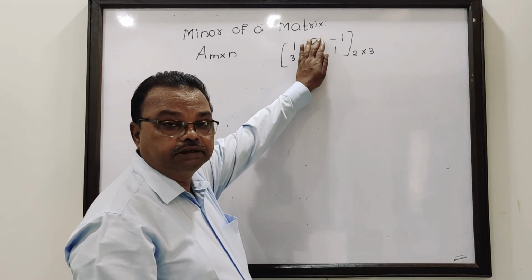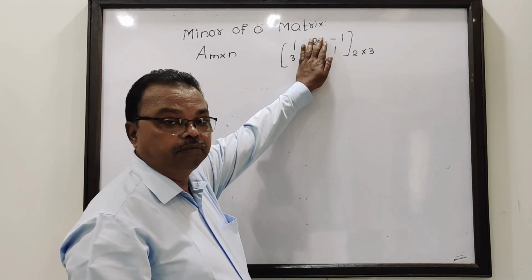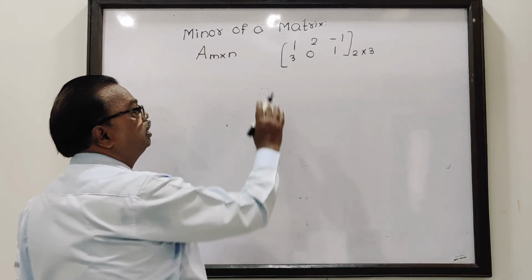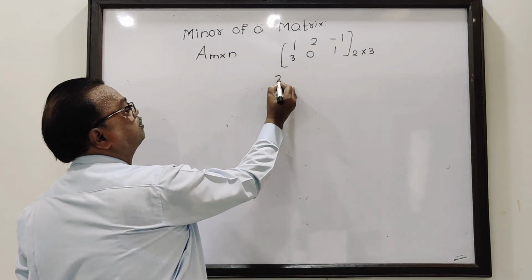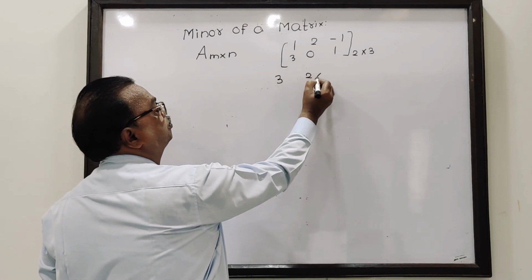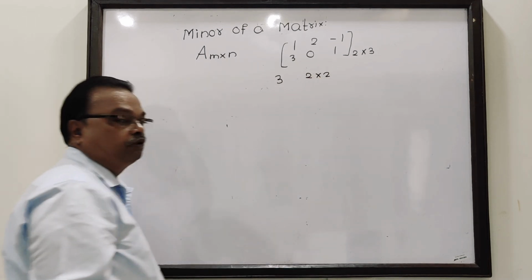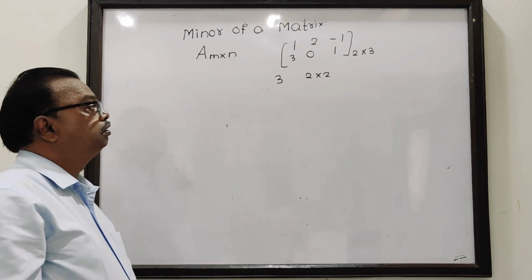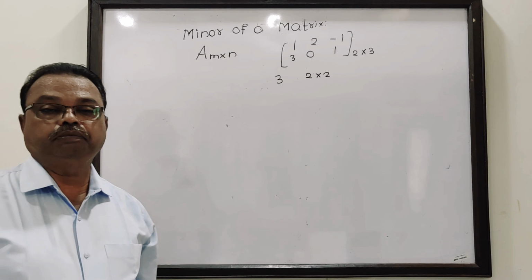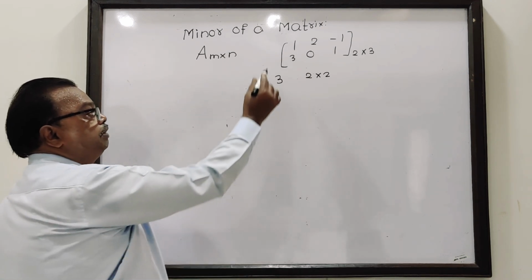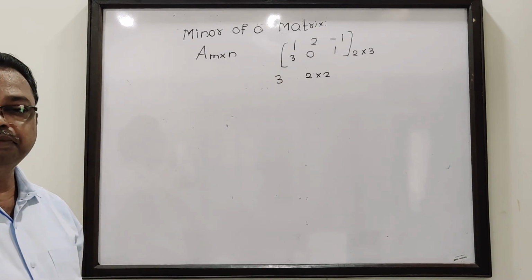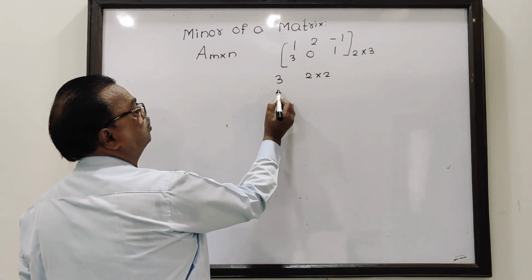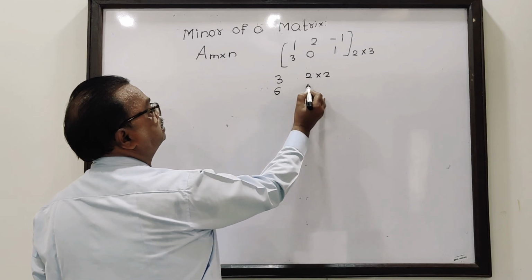Leaving out the second column, you get another matrix, and leaving out the third column, a third matrix. That means it has 3 subsquare matrices of order 2 by 2. The word subsquare matrices is quite clear. Then, how many subsquare matrices of order 1 by 1? A single element is also a matrix of order 1 by 1. There are 6 elements, therefore 6 subsquare matrices of order 1 by 1.